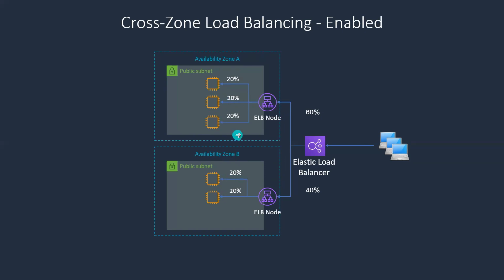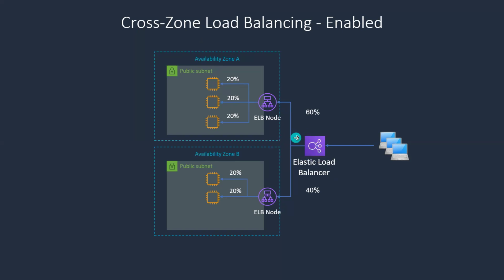When the feature is enabled, Elastic Load Balancer distributes traffic equally across all 5 targets regardless of their availability zone. So each target gets 20% of the total traffic. This ensures perfect load balancing even if the number of targets in each AZ is different.